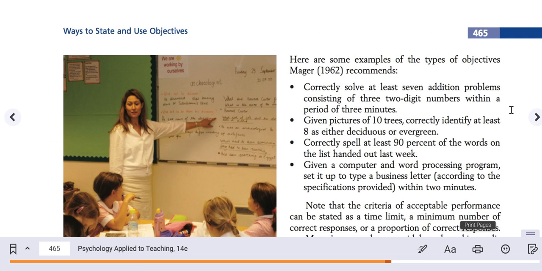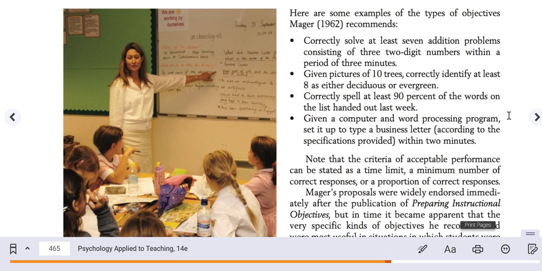Here are some examples of the types of objectives Mager recommends. Correctly solve at least 7 addition problems consisting of 3 two-digit numbers within a period of 3 minutes. Given pictures of 10 trees, correctly identify at least 8 as either deciduous or evergreen. Correctly spell at least 90% of the words on that list handed out last week.